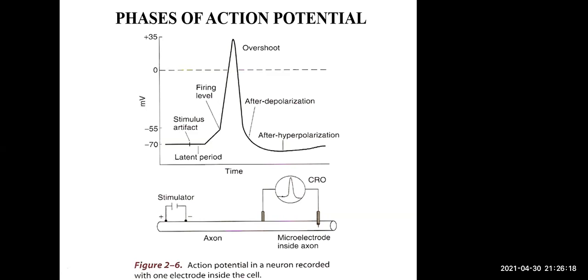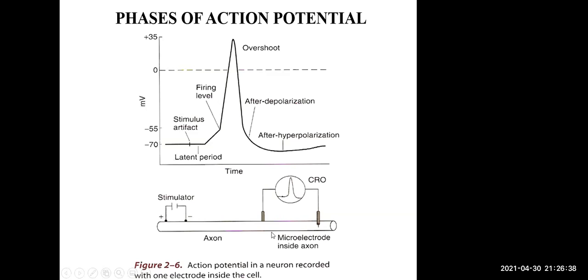Whatever we obtain by using the Sherrington drum or Sherrington experiments, all these are mechanical events. In order to obtain the electrical event, you have to insert the electrode into the muscle tissue or into the nerve fibers. One electrode outside, one electrode inside to obtain the potential difference.